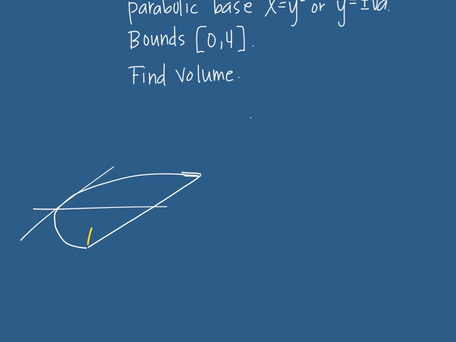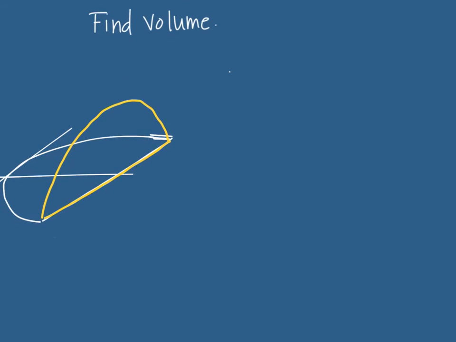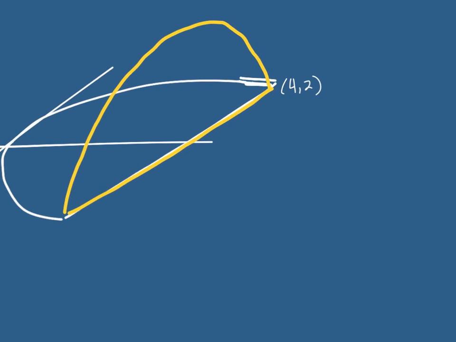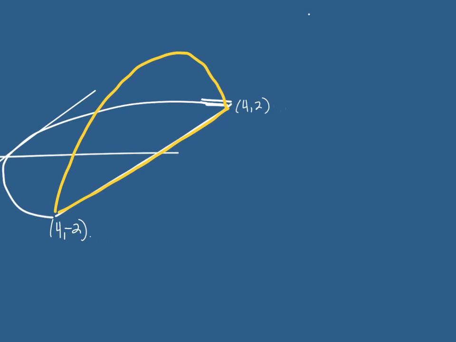All right, so my ending semicircle, one at the edge of the profile, is still going from (4, 2) and (4, -2). But I don't need to know the whole base to find the area of that.